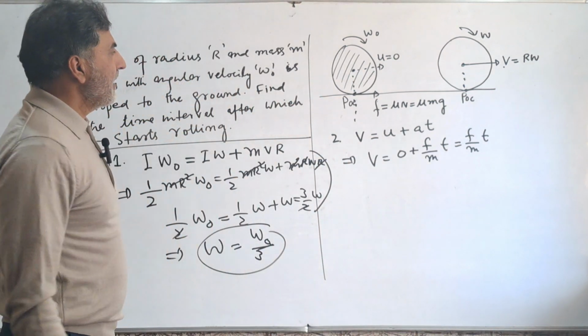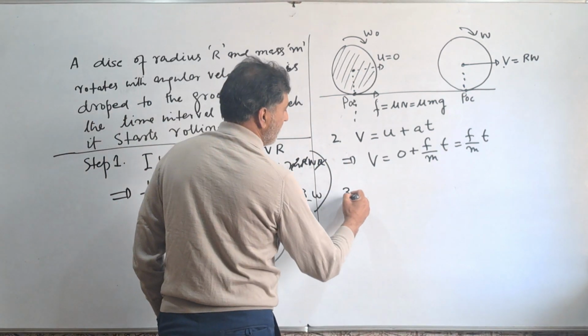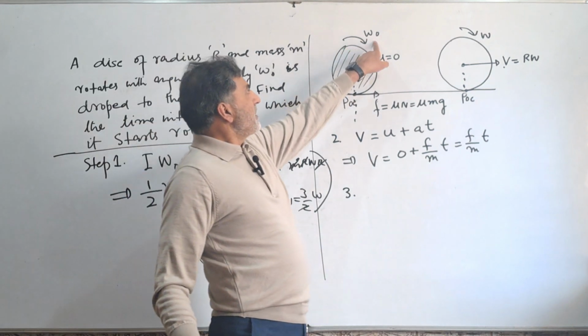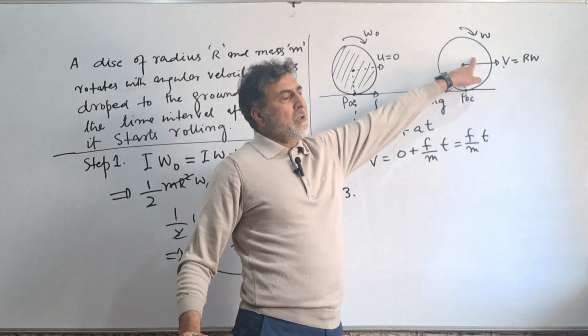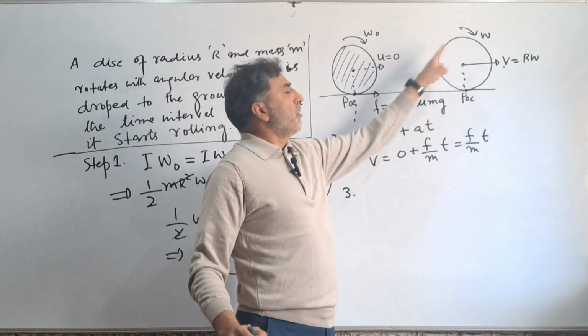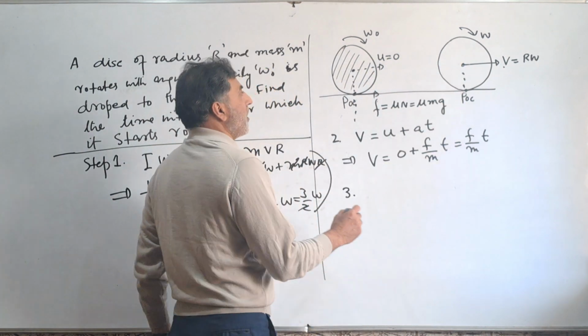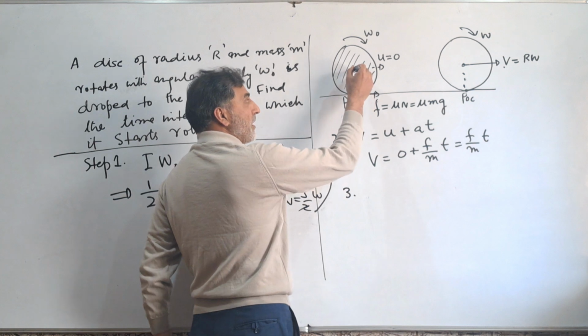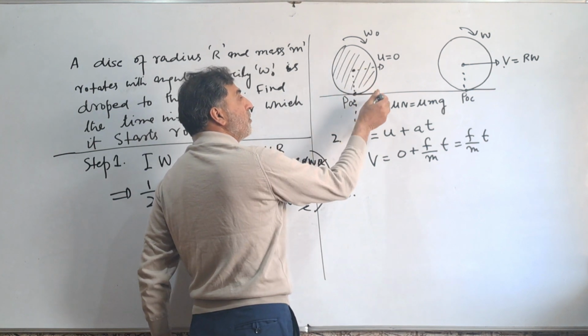Right? Now third step, this is omega 0, this is omega. Why has the omega decreased from here to here? Because there is torque about this point, not about this, about this point. So that means there's a torque about this point due to this frictional force.